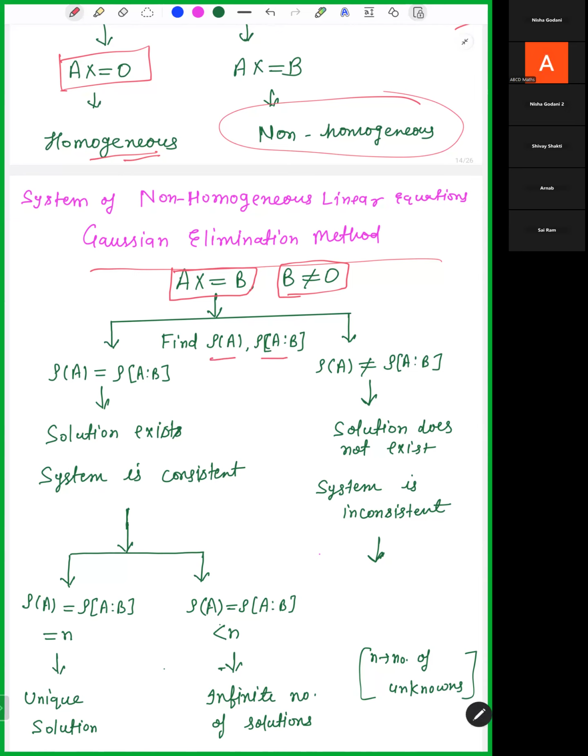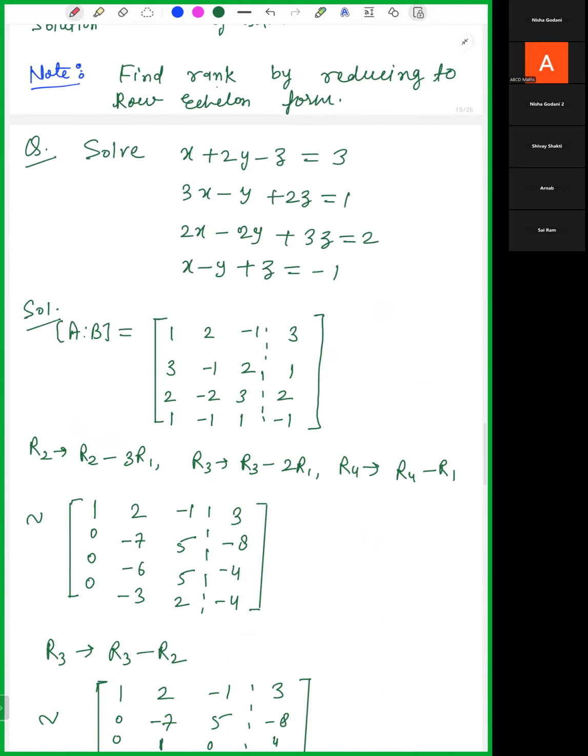What is this augmented matrix AB? See here, you have given a system of four equations in three unknowns. What is the augmented matrix AB here? A means the coefficient matrix. In the first row, the coefficients are 1, 2, and minus 1, and the right side constant is 3, so I have written 3 here.